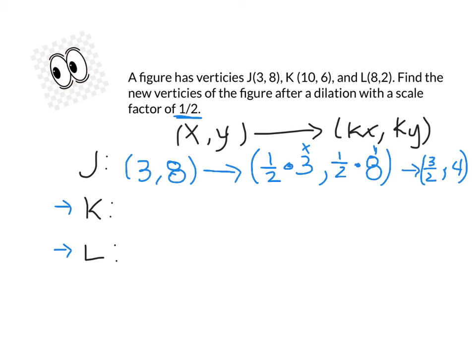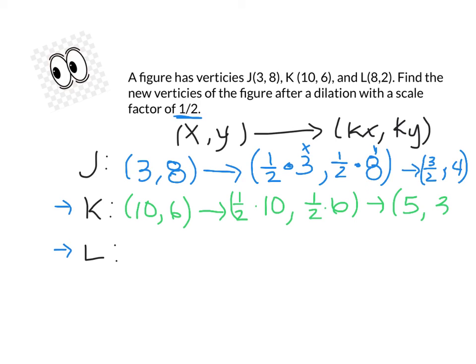All right, since you've done these already in your notebook, let's go through them. We've got (10, 6). Again, we're multiplying my x by 1/2 and the y by 1/2. So this gives us (5, 3).